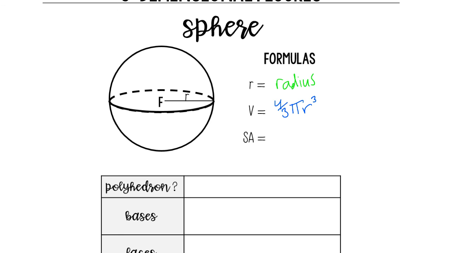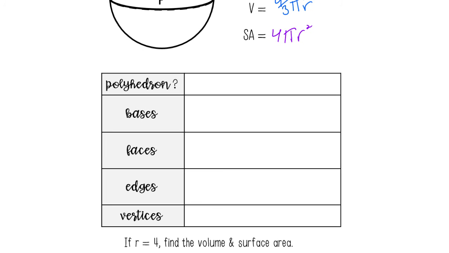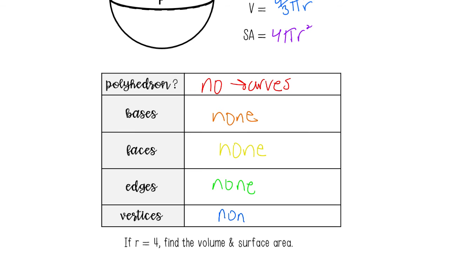And then the equation for surface area is 4 pi r squared. Is this a polyhedron? Absolutely not. Everything is a curve. Bases, none. Faces, none. Edges, no such thing. Vertices, none.